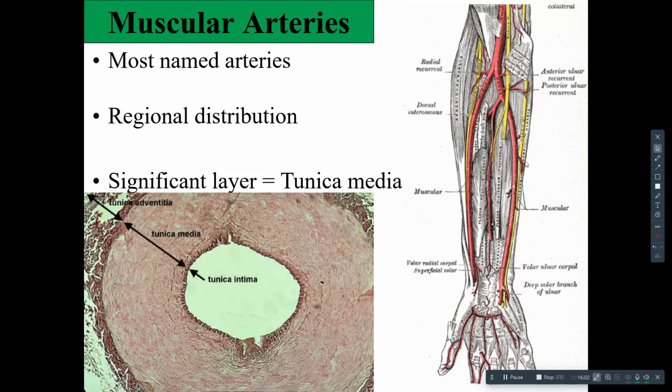I got some muscular arteries here. This is a hand, so we got a brachial artery up top here. Got a radial artery on the thumb side and an ulnar artery on the pinky side. Those are all muscular arteries.